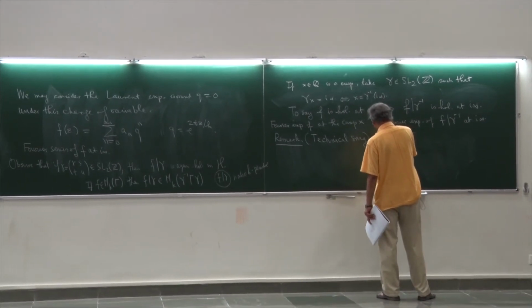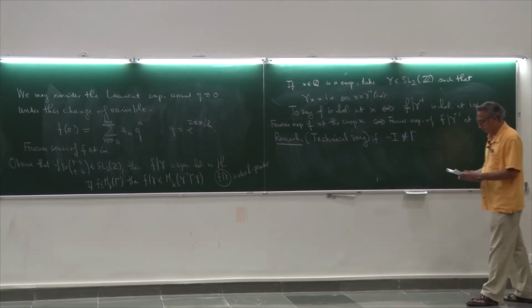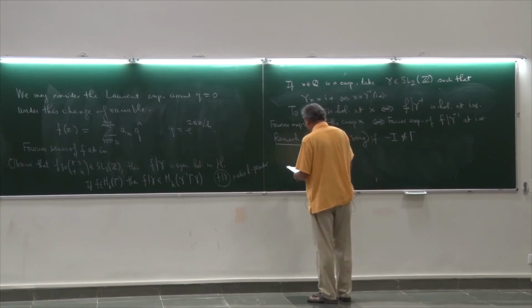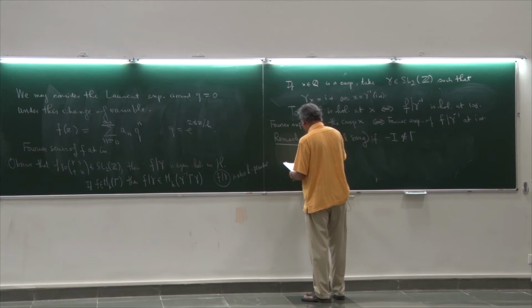Technical snag: if minus the identity element is not in gamma, that could happen.